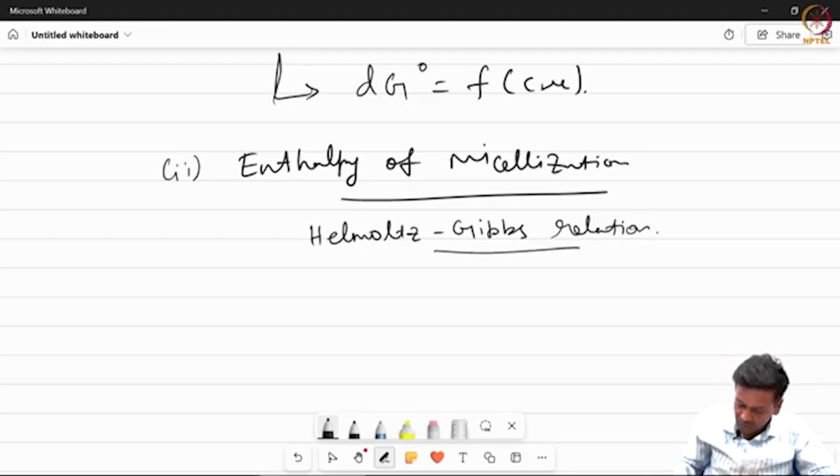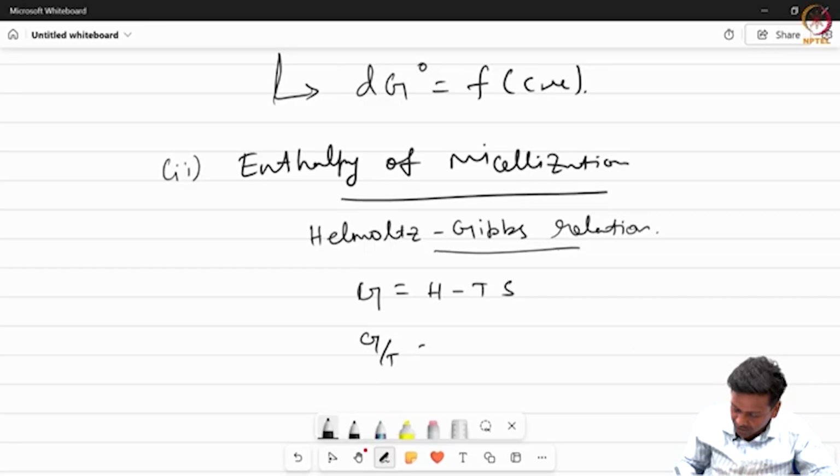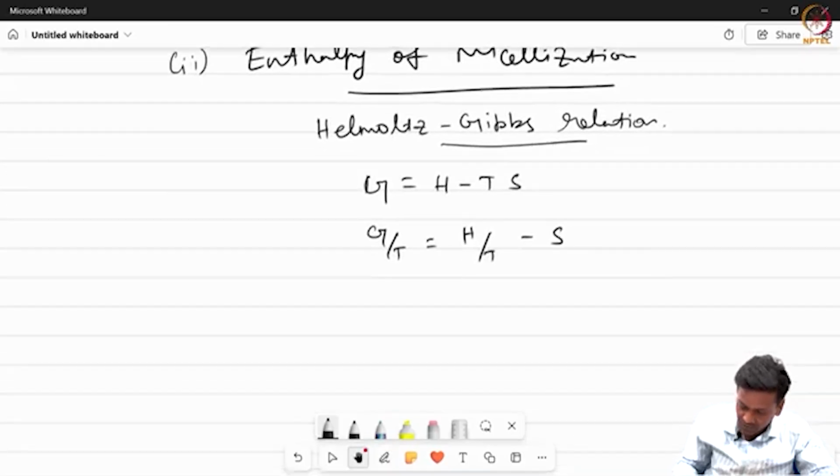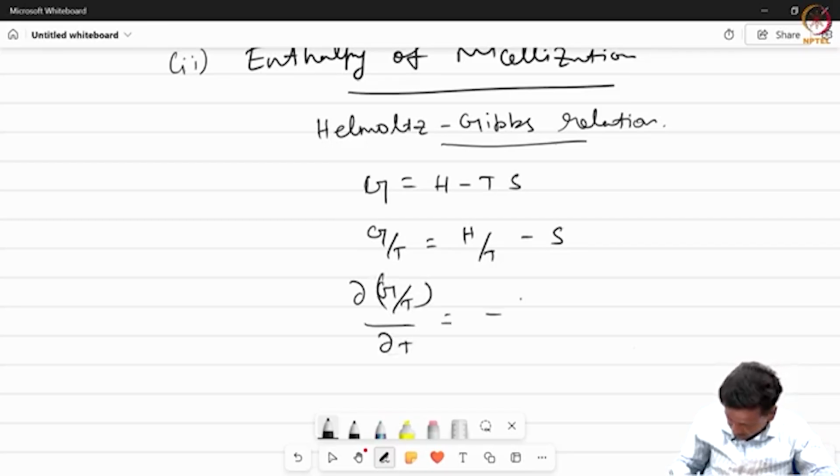Right? So let's say if you write G as H minus TS, then we can say G by T as H by T minus S, right? So if I differentiate this with respect to temperature, this will be simply minus H by T square, okay?